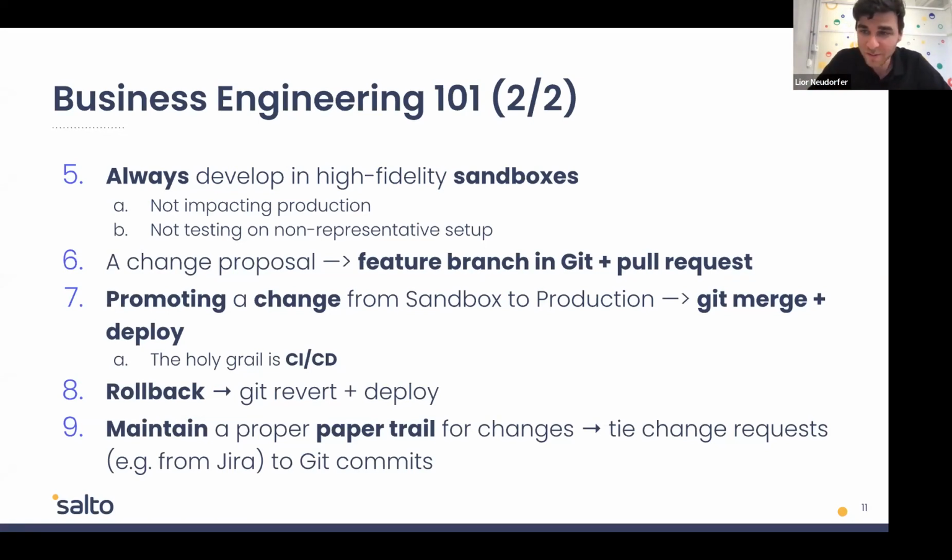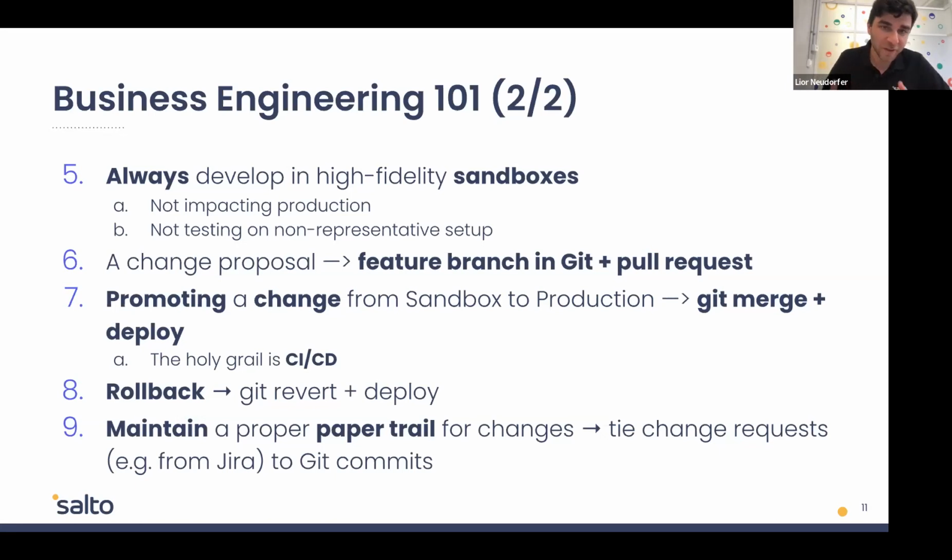How do you do this? The same way as you do this in software development. If you want to change something, how do you do it in Git? A software developer wants to develop a new feature. What does he do?